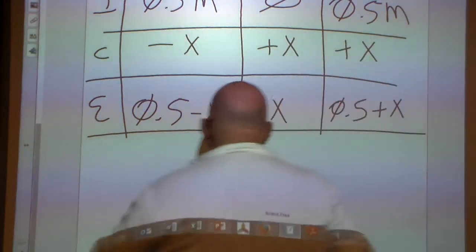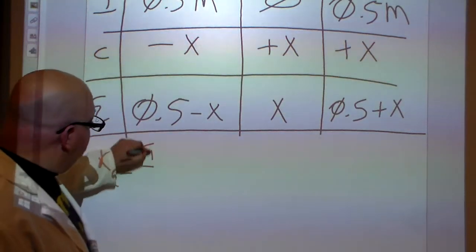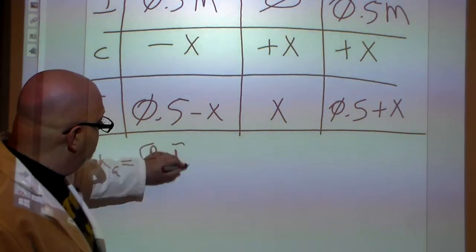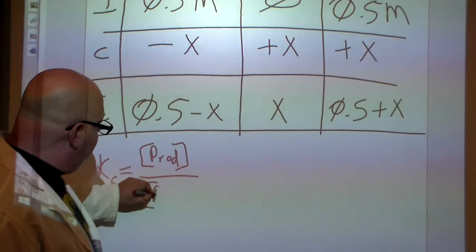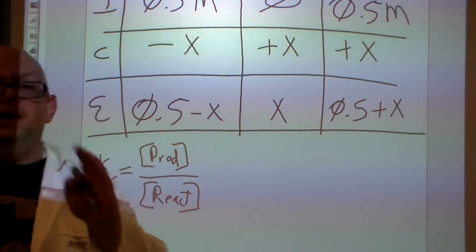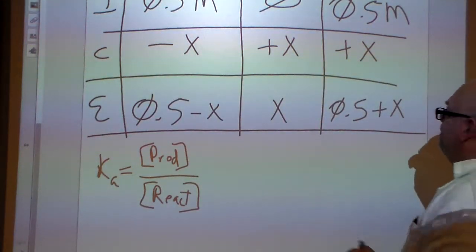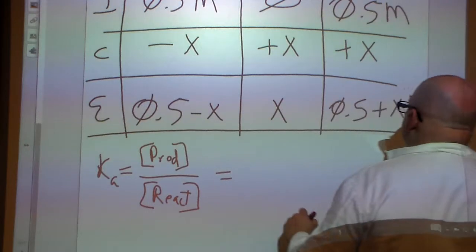So if we remember our equation that Ka is equal to the concentration of our products over the concentration of our reactants. This equilibrium constant is muy importante. Absolutely. So let's go ahead and plug this in.